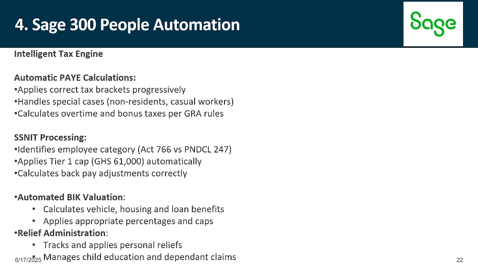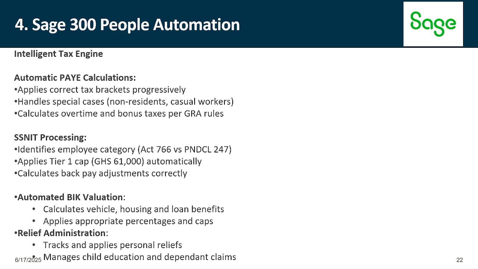The system identifies the category of employee you are, and applies the correct rate or percentage to your earnings. The system also applies the Tier 1 cap automatically, calculates back pay adjustments correctly, and makes all those SSNIT contribution adjustments automatically for you.